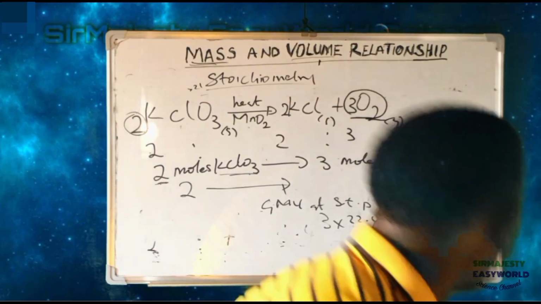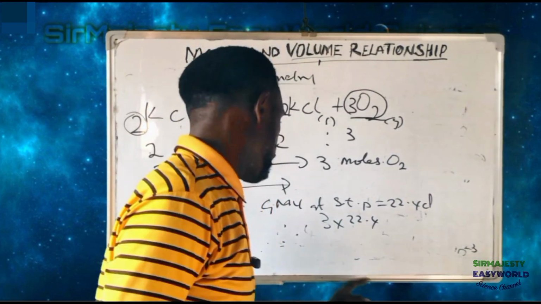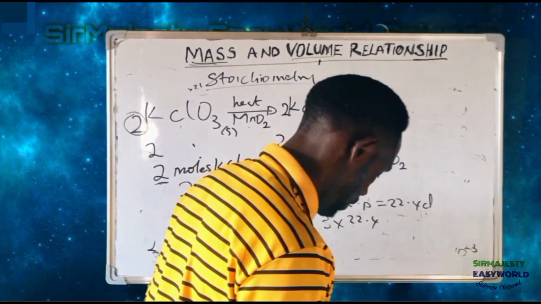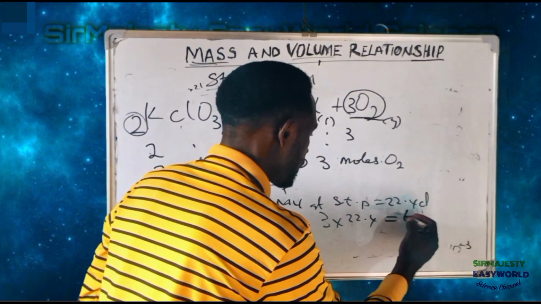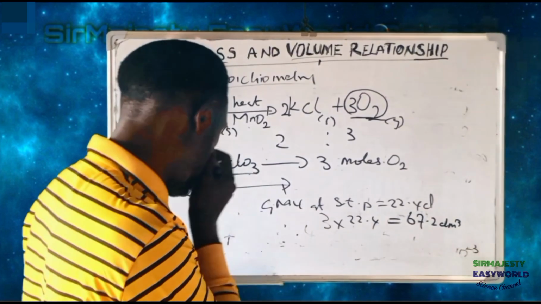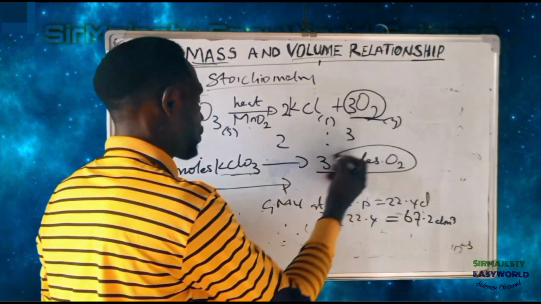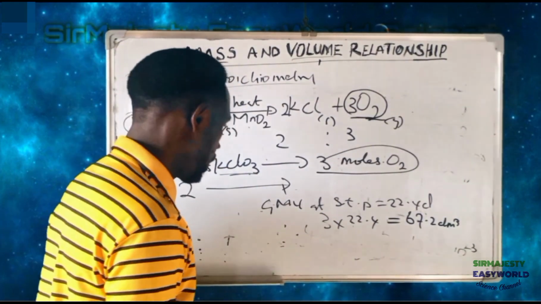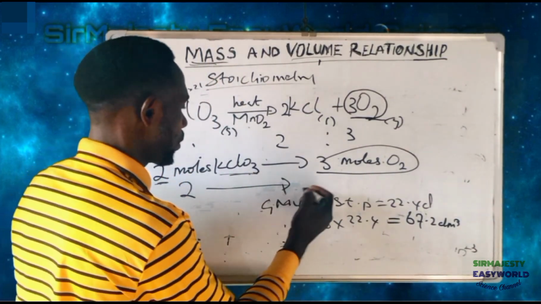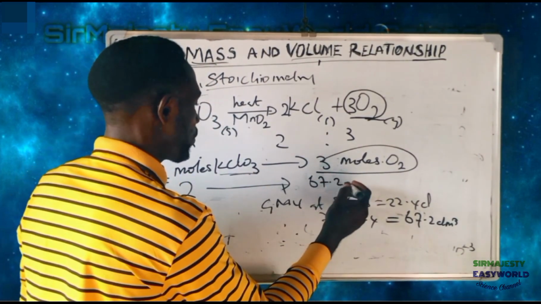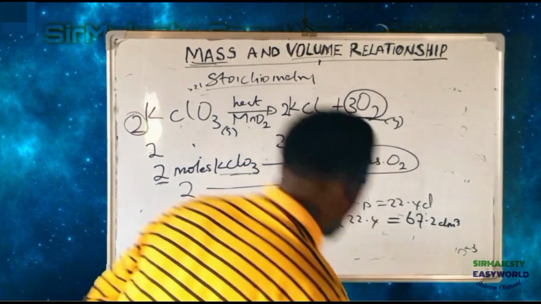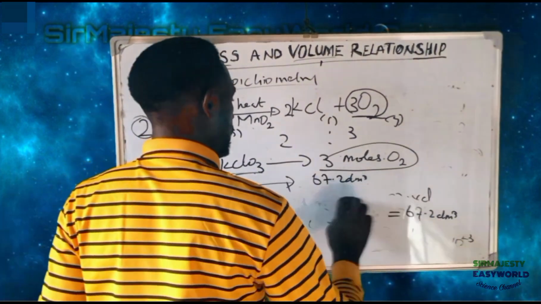So from the calculator department, 3 times 22.4 gives you 67.2 dm cubed. So this implies that I've converted these 3 moles now to volume. So instead of writing 3 moles there, I'll now write that 2 moles of KClO3 will give me 67.2 dm cubed.